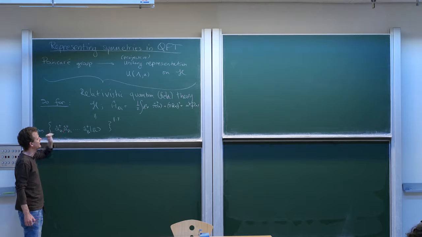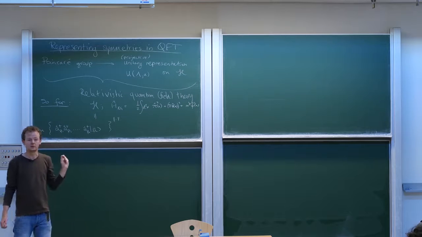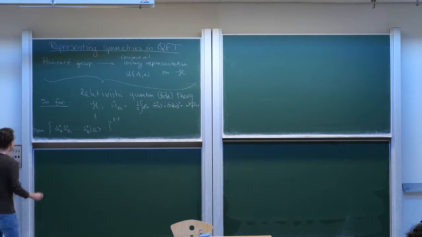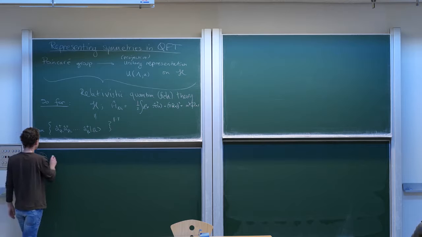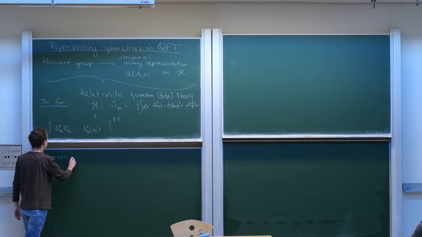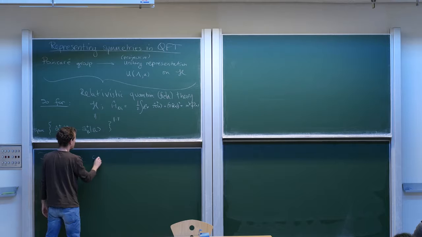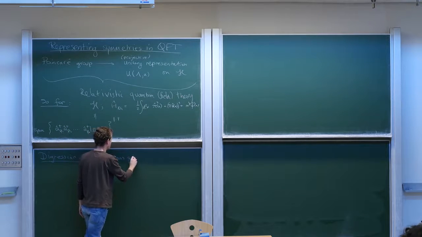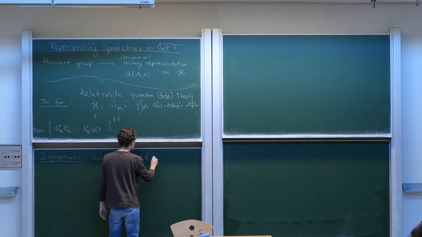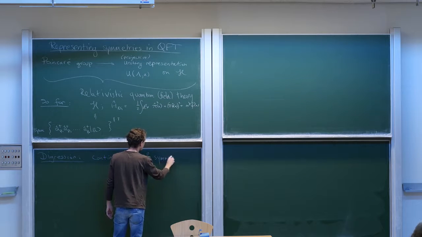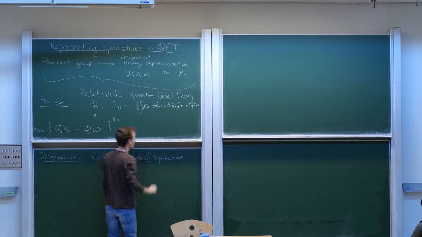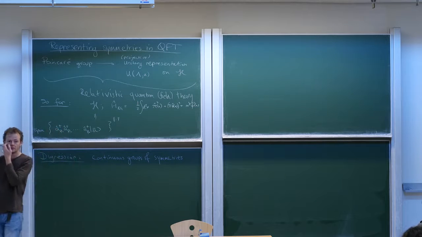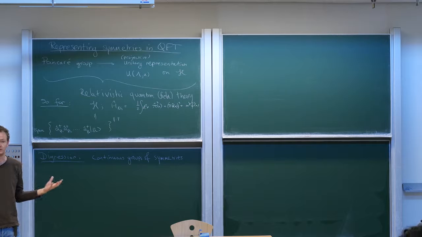But to do this today, I'm going to have to take a little digression on continuous groups of symmetries. It turns out the Poincaré group is not a discrete group, it's an infinite group in the sense that it has an infinite number of elements.